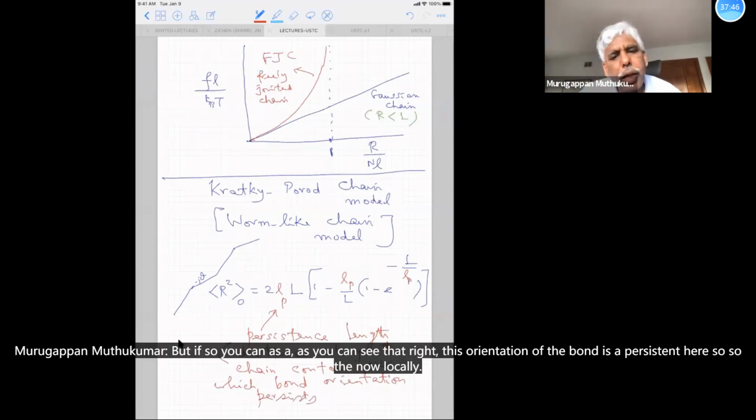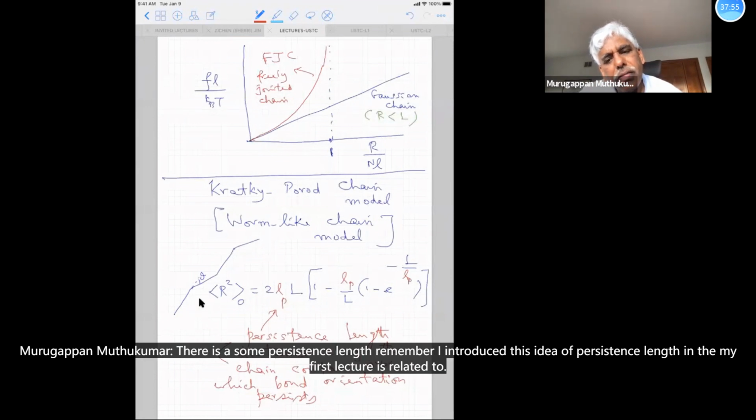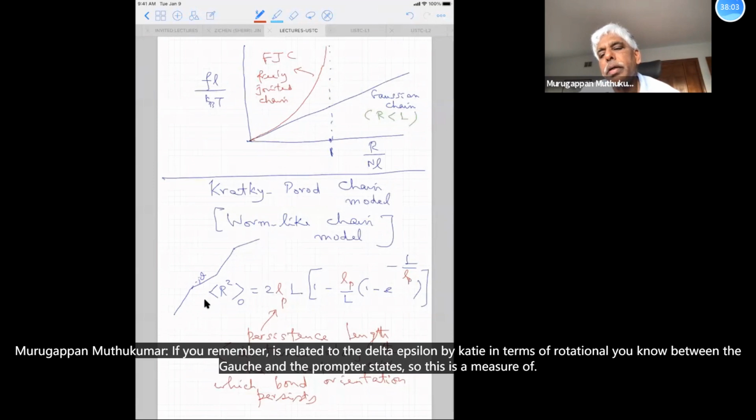As you can see, the orientation of the bond is persisting here. So locally, there is some persistence length. Remember, I introduced this idea of persistence length in my first lecture. If you remember, it's related to delta epsilon by kT, in terms of the rotational energy between the gauche and the trans states.